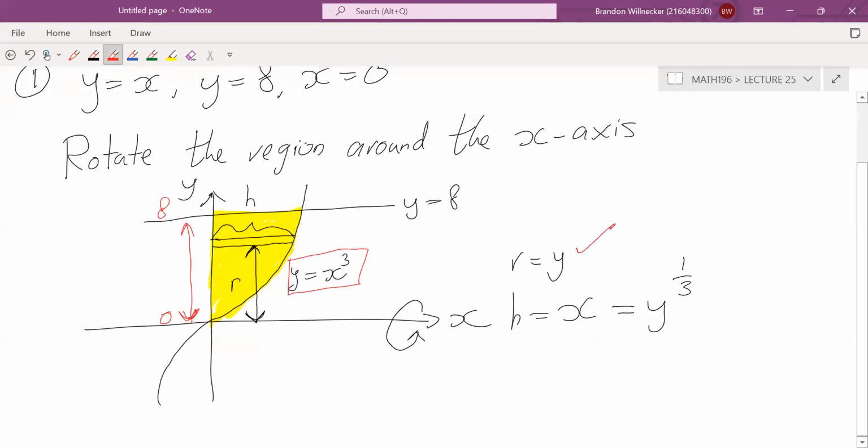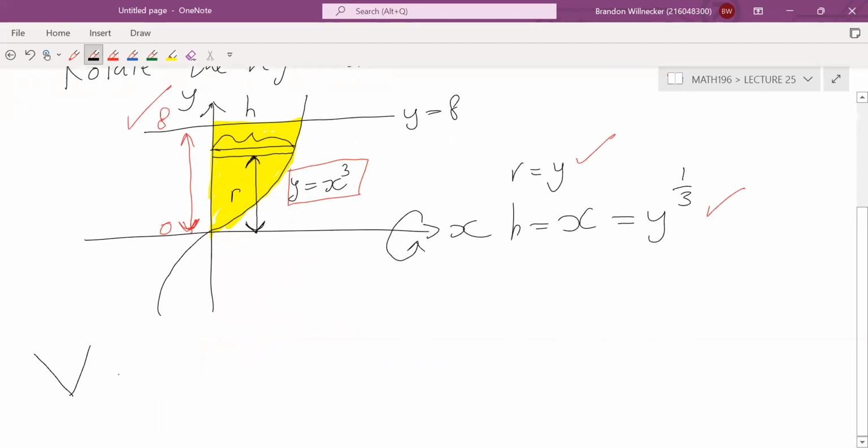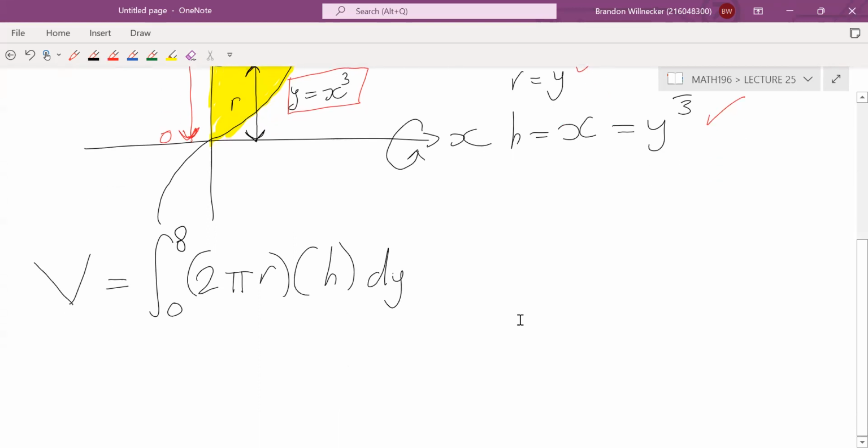So we've got the radius, we've got the height, and we've got the bounds. So now we can just substitute everything into the shell method formula. So the volume is going to be the integral from 0 to 8, because those are our bounds. Now we need 2 pi r times the height dy, because we're integrating along y.